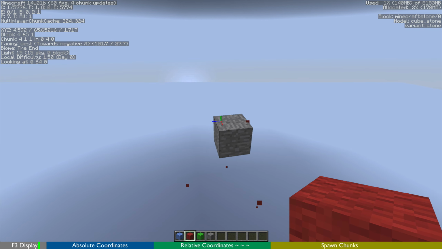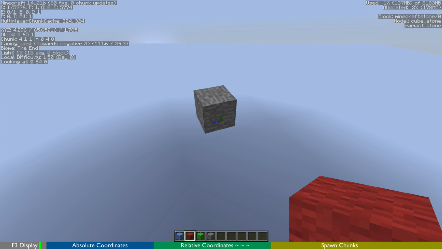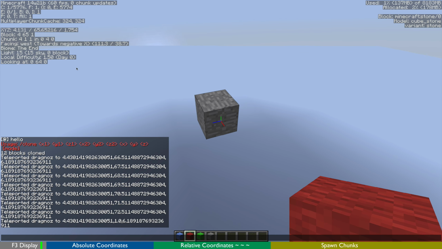But what I'm interested in today is on the left-hand side, where it says looking at. As you can see, I'm looking at 0, 64, 0. That is the absolute positioning of this block in the world. It means that it is on x equals 0, y equals 64, and z equals 0. So this is where this block is placed.